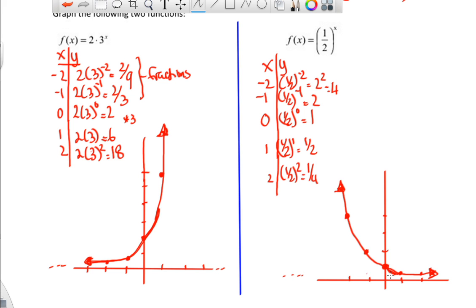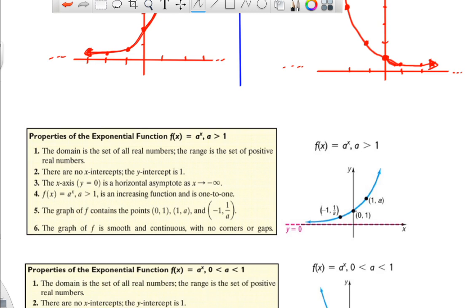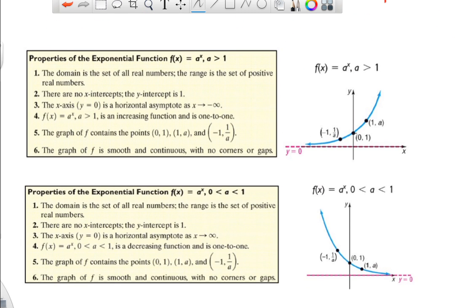And again, horizontal asymptote at y equals 0. Okay. So here are some properties. If a is larger than 1, so if the base is a positive, then we have an increasing function. It should go through 0, 1, and then the coordinates here at negative 1 would be 1 over a, because you flip the fraction, and at 1 you will get a.